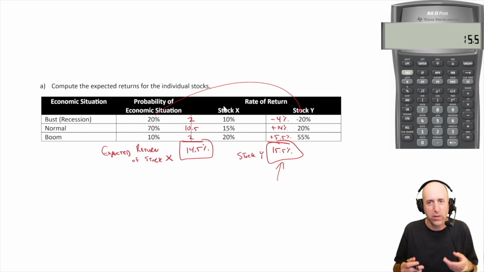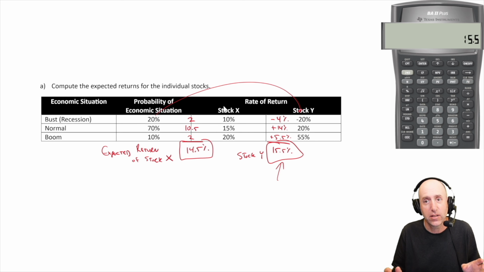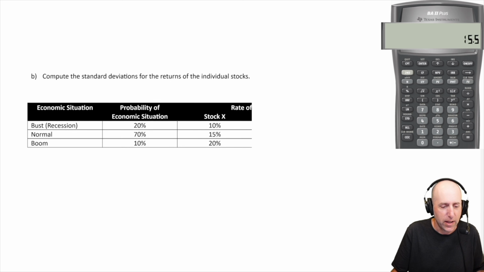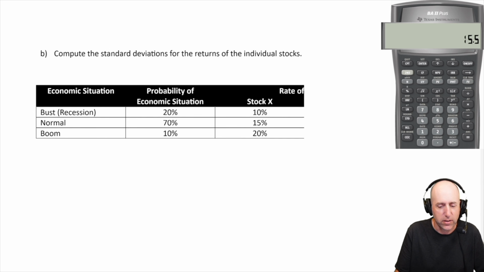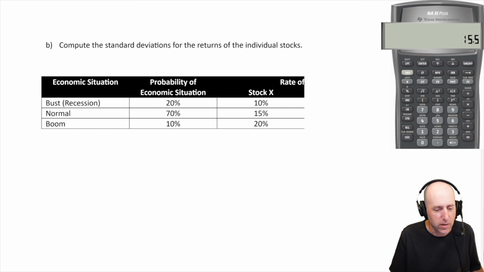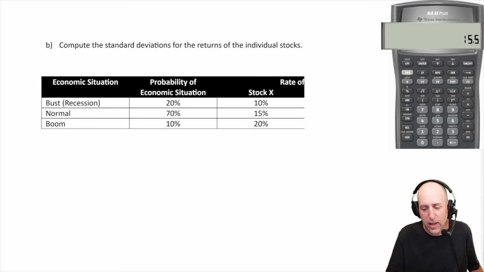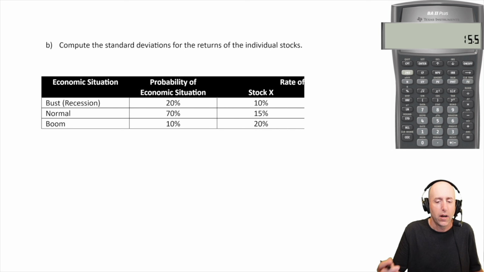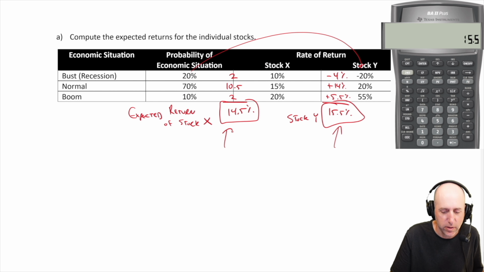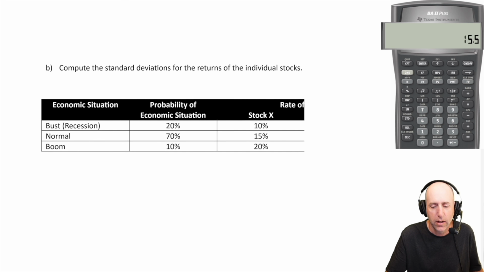It asks us for the variability of the return, and it asks us to calculate the variance and standard deviation in the return. So that is an economics or statistics concept. So let's do it. We're going to calculate the standard deviations, and to do it, first we calculate the variance of the return. Stock X had an expected return of 14.5%.